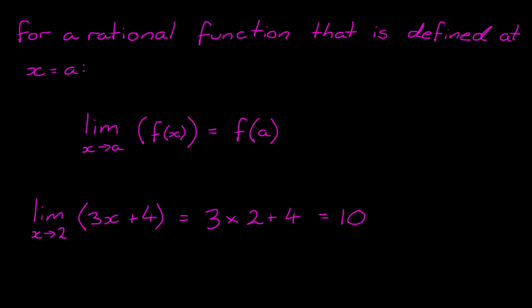This is actually a fairly trivial result because you would normally not use limits in these circumstances. But if you are asked to find the limit of a well-behaved function that is defined at the point you're after, simply substitute the number.